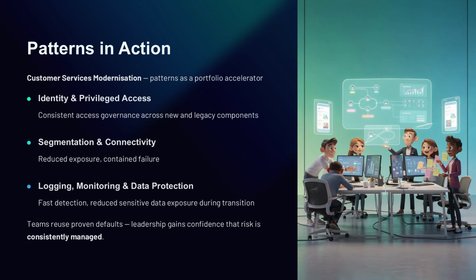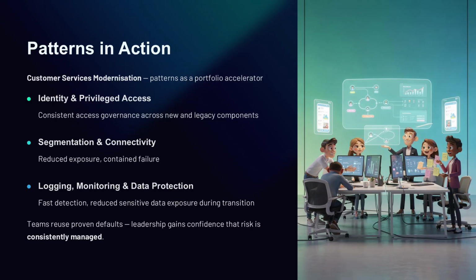With all pieces in place, you can now see patterns as a portfolio accelerator. In a customer services modernization program, teams adopt the identity and privilege access patterns to achieve consistent access governance across new and legacy components. They apply segmentation and secure connectivity patterns to reduce exposure and contain failure.